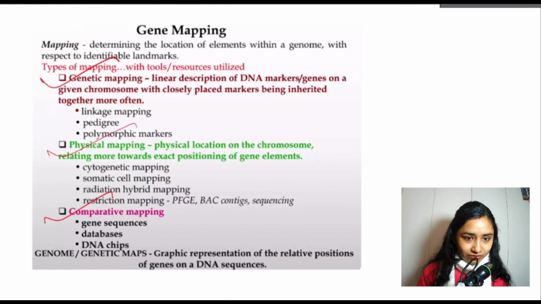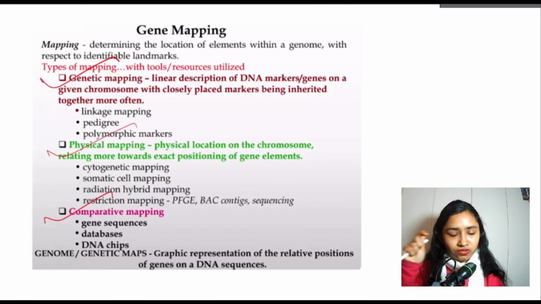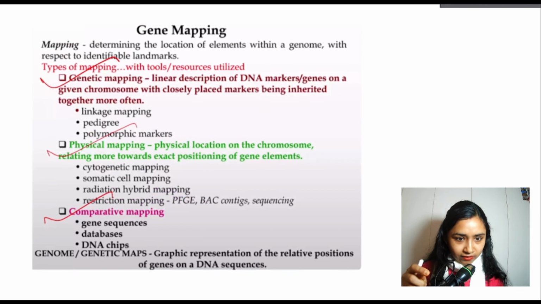Today we will deal with genetic mapping, a linear description of DNA markers or genes on a given chromosome, with closely spaced markers being inherited together more often. The position of genes and the distance between two genes, calculated by recombination frequency or crossing over, is known as genetic mapping.